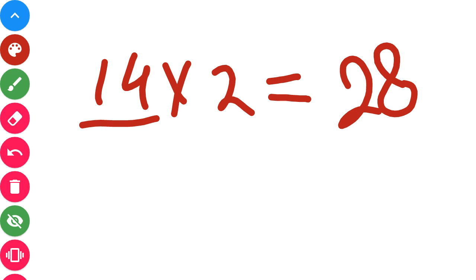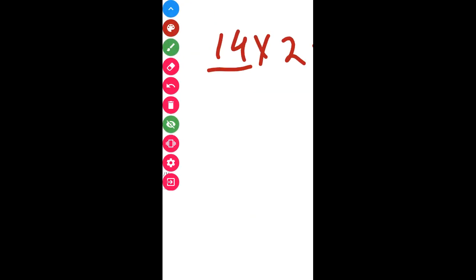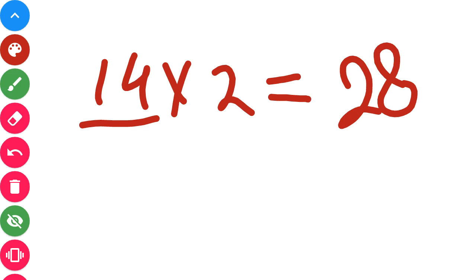Now yesterday we also did properties of multiplication, so let us revise them also. The first property that we studied yesterday was the identity property, or the multiplicative property of 1.